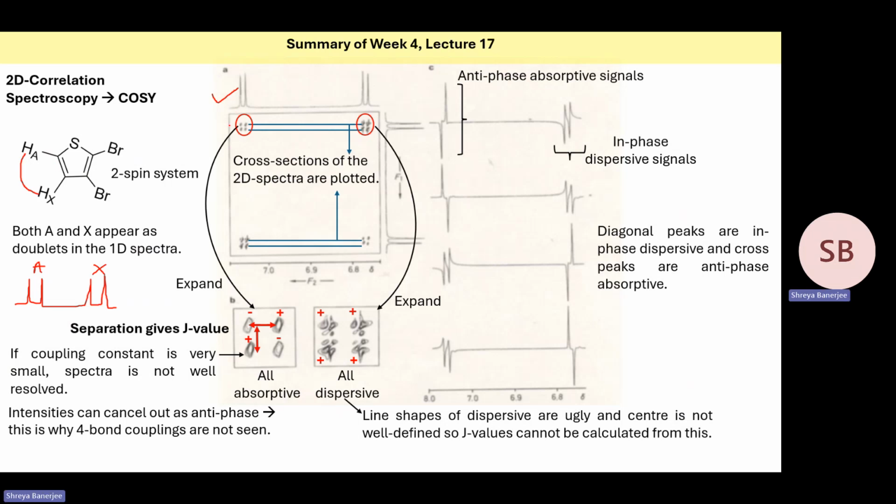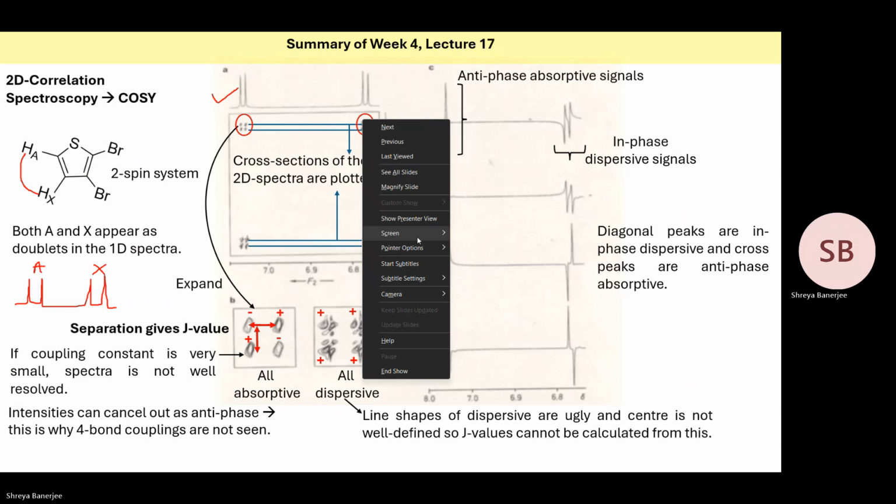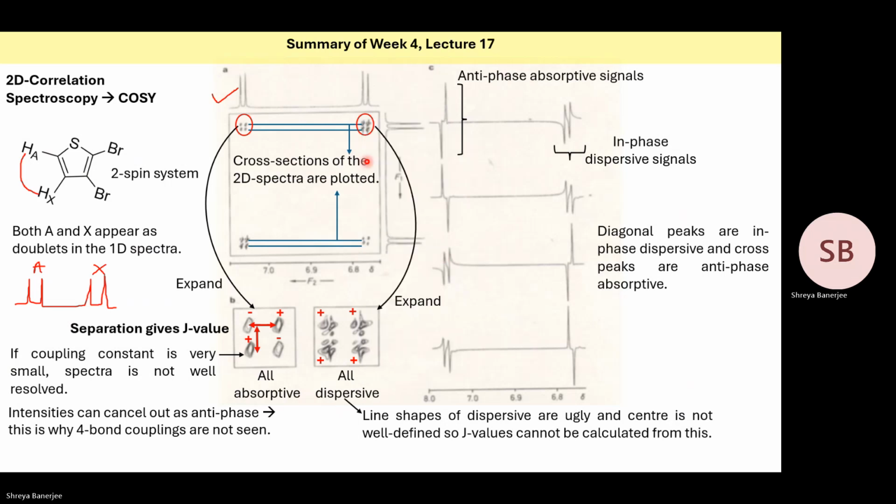Here we have taken one cross peak and expanded it, and we have done the same for this cross peak. The two cross peaks shown within the red circles are the ones we have expanded here. Now we will look at them.